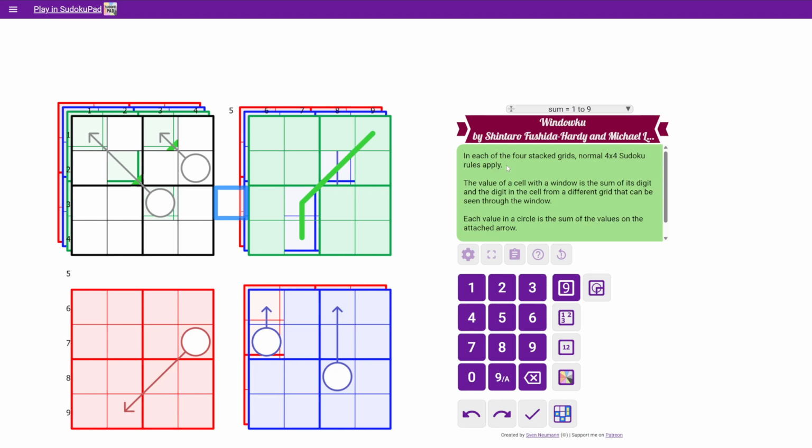Okay. The value of a cell with a window is the sum of its digit and the digit in the cell from a different grid that can be seen through the window. And there are only 1 to 4 in this puzzle. So this, I guess it could be 2.